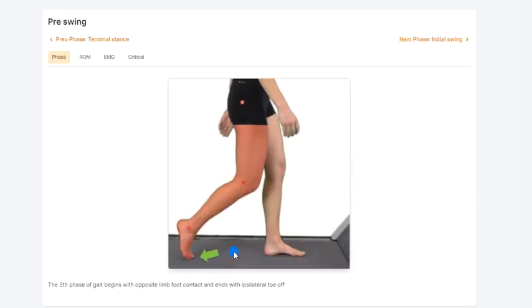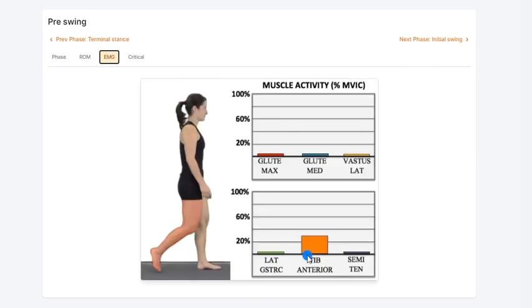And as we get into this pre-swing phase, so now we're getting ready. If you notice the difference here is now there's a knee flexion component there. And with knee flexion, and you're trying to get the toes off, you can see there's that tibialis anterior that's going there.